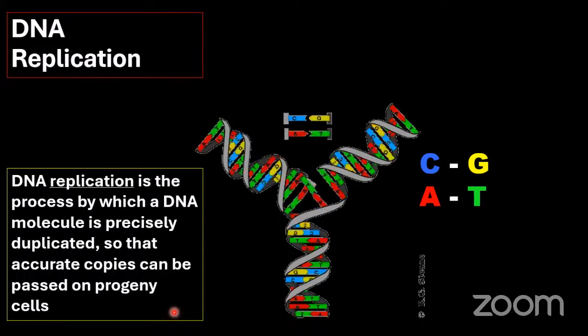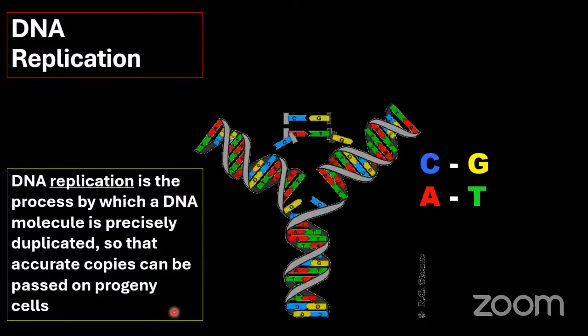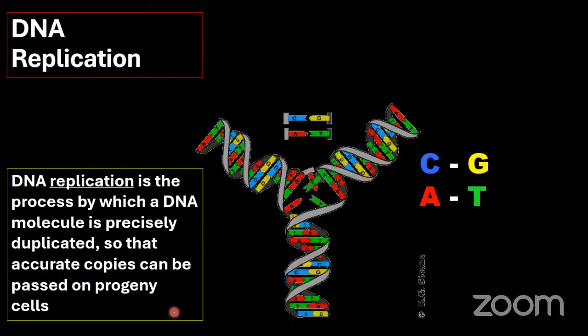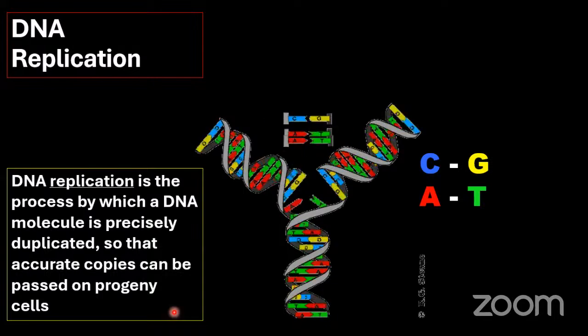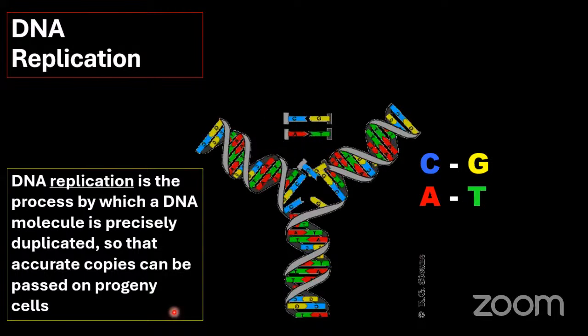Okay, so it has to be copied directly, and no error must be made, because a progeny must look exactly like the parent cell. So the process of DNA replication is a very serious, critical moment.